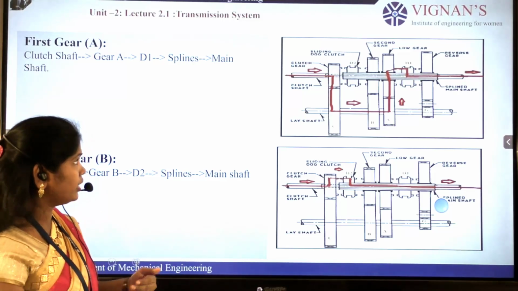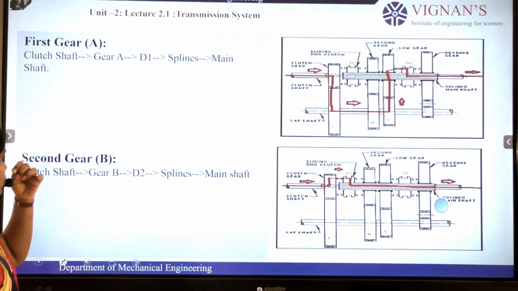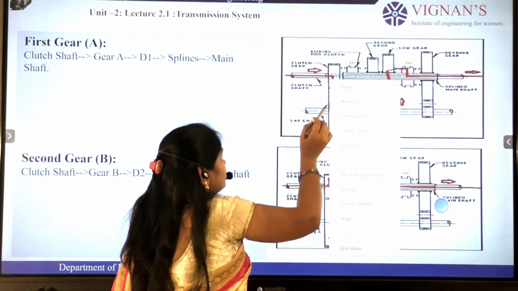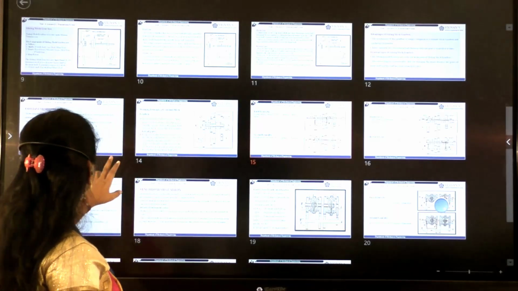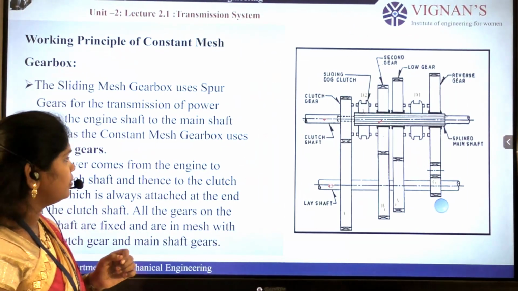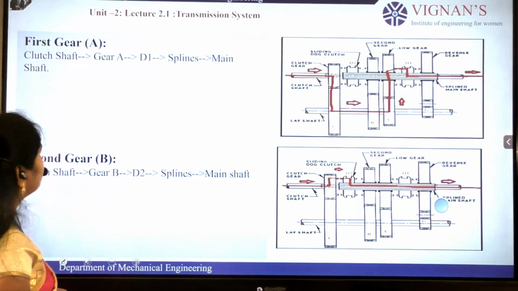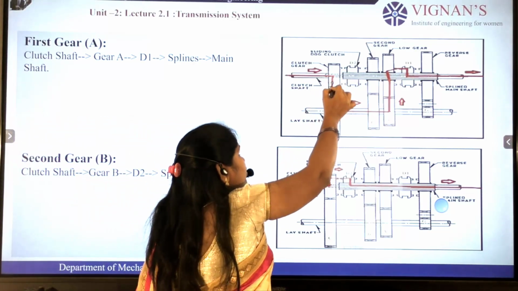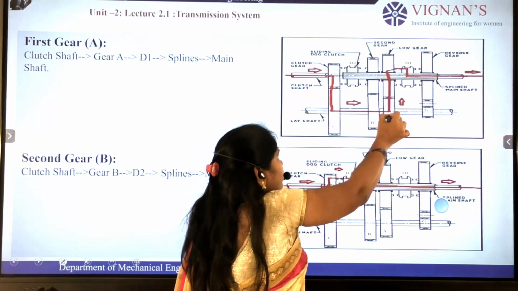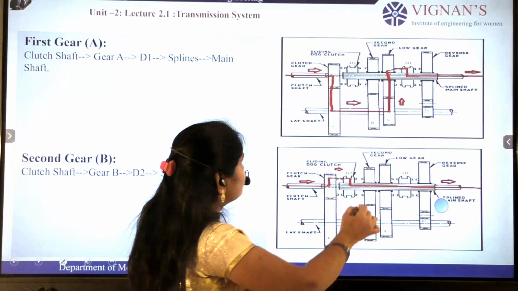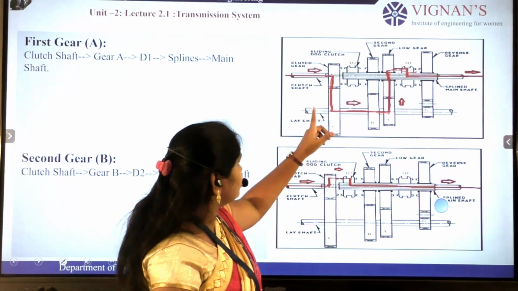Here the power from the clutch shaft comes to gear A. The power coming from the clutch shaft goes to gear A and gear C, so it will go like this: A to C, and then to the dog clutch.